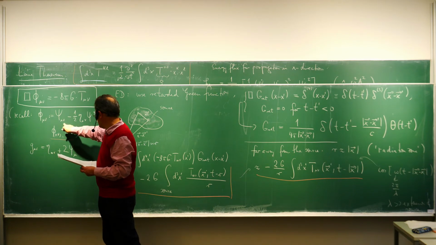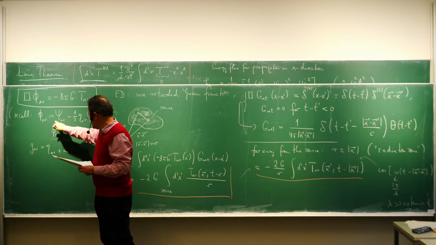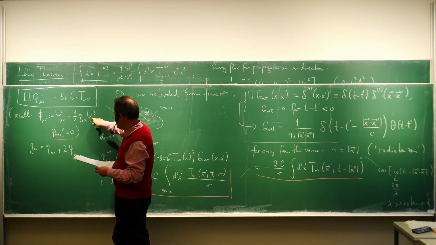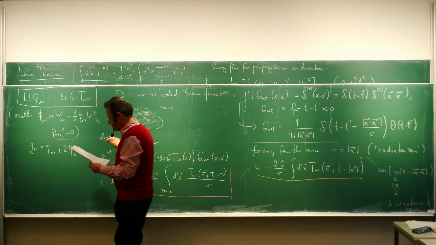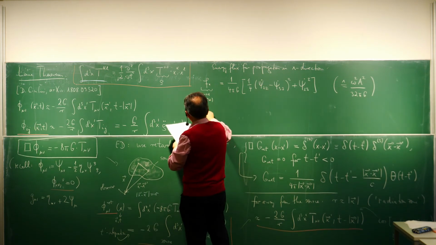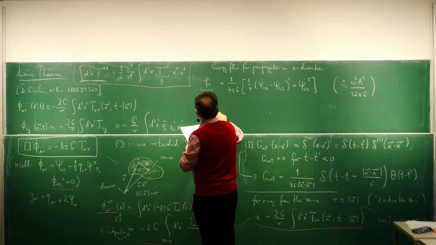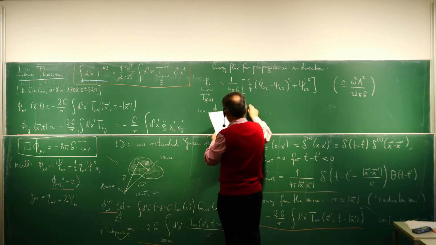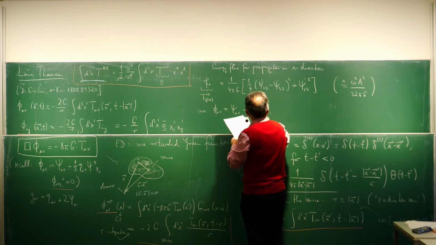So which you get from here by just inverting this, and by performing the trace you can substitute this by the trace of phi. So we use phi mu nu is psi mu nu minus 1/2 eta mu nu psi rho rho.